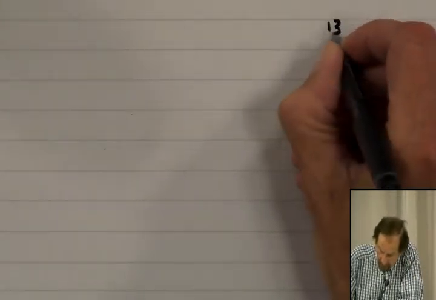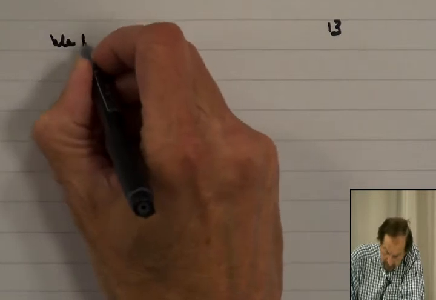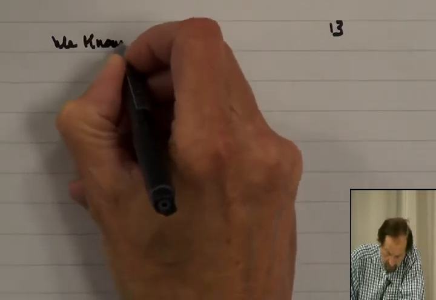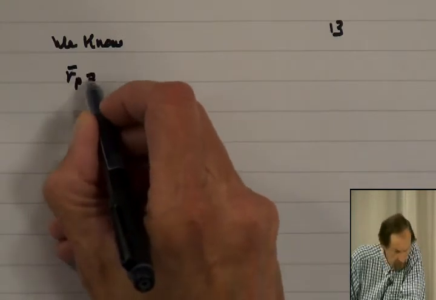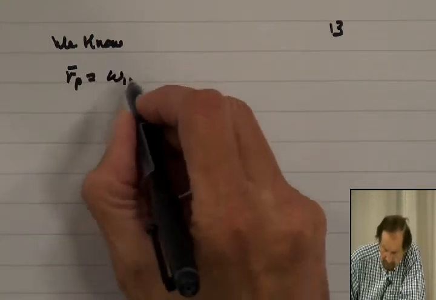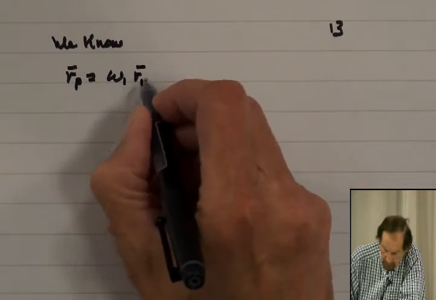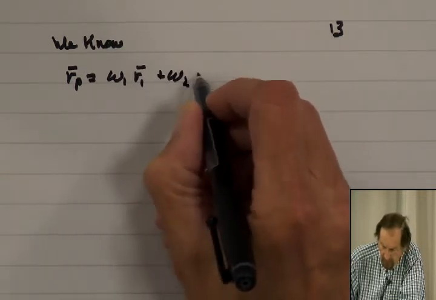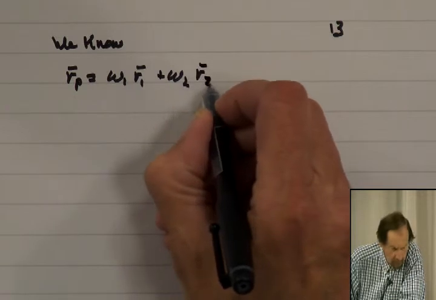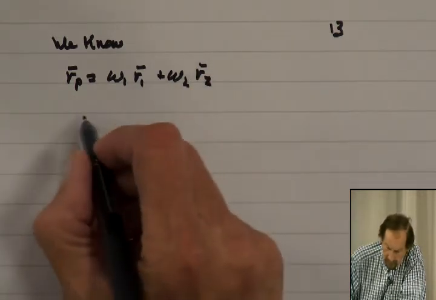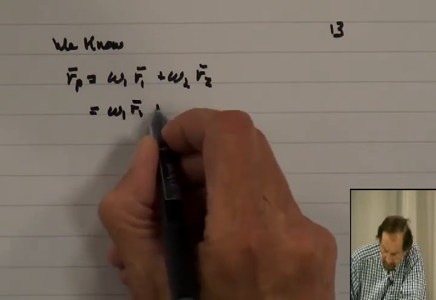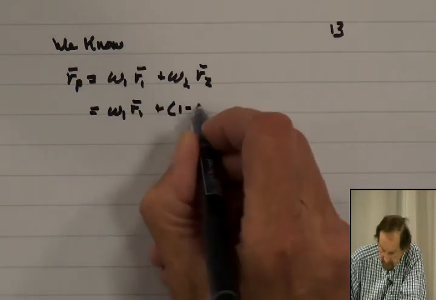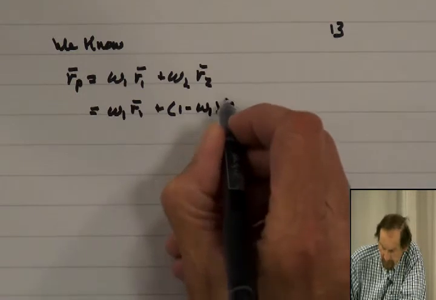So what do we know? That R bar P equals W1 R bar 1 plus W2 R bar 2, equals W1 R bar 1 plus 1 minus W1 R bar 2.